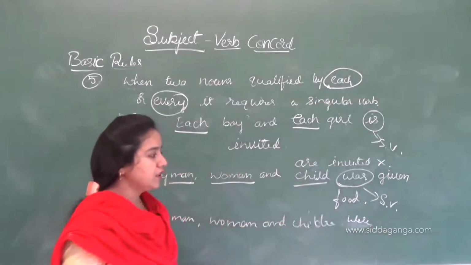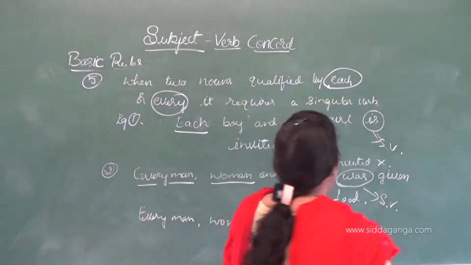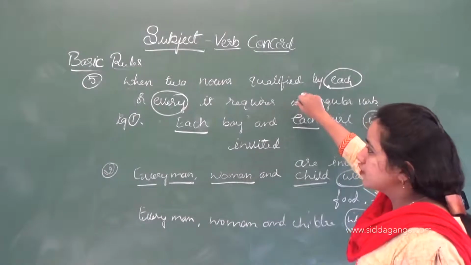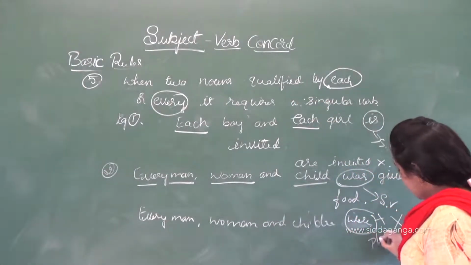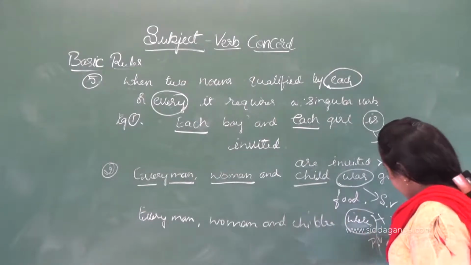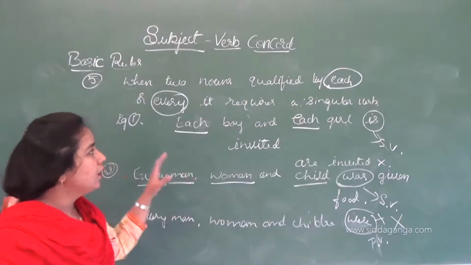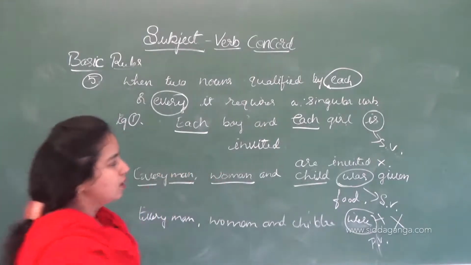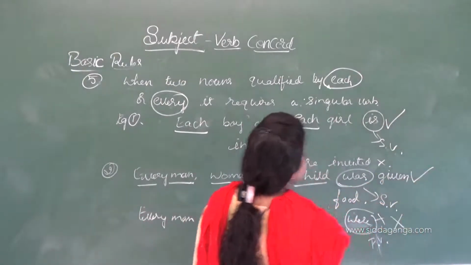If you use were, were given food, it does not match the basic rule of this statement, so it is wrong. We are not using plural here. So what do we have to use? We have to use the singular verb. According to the rule, this one is the right statement. So we always use a singular verb.